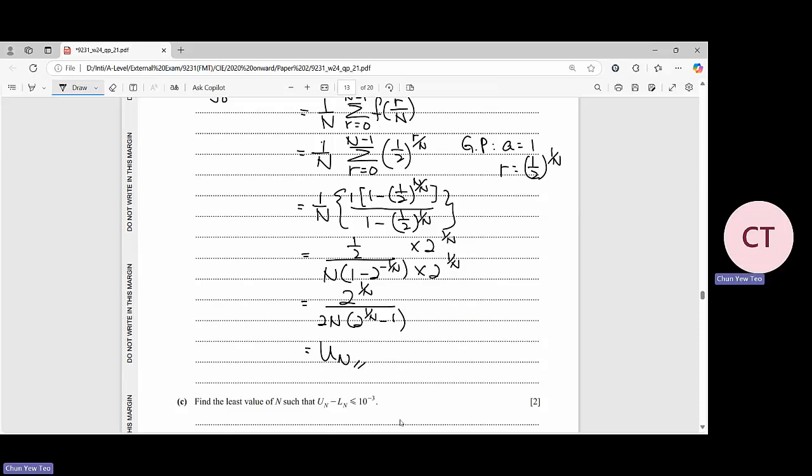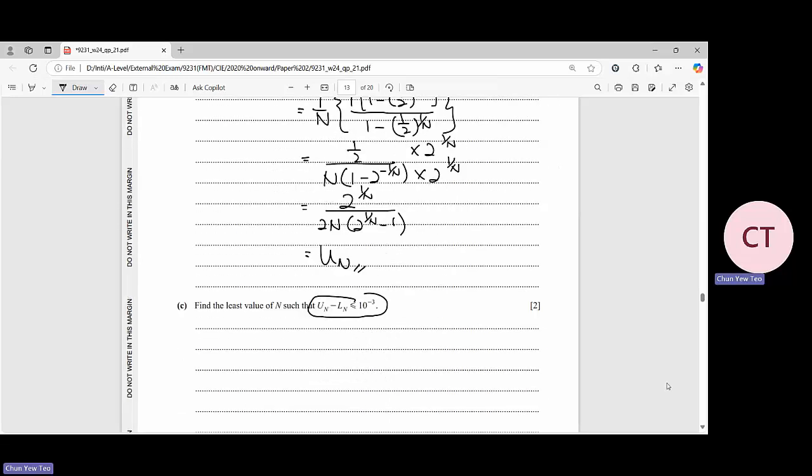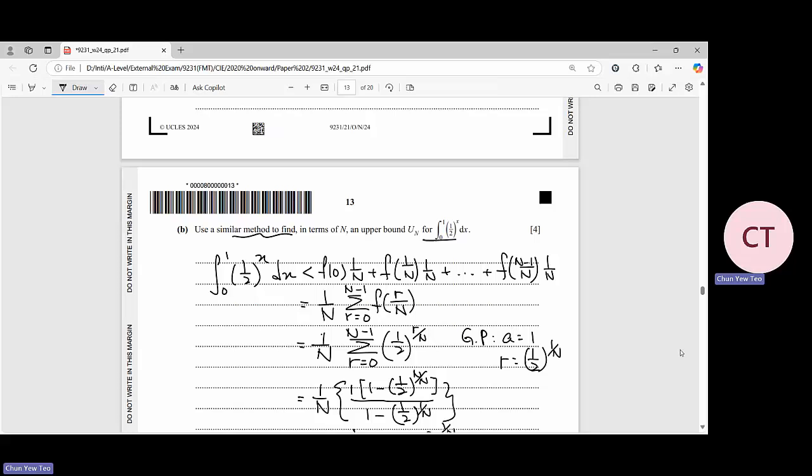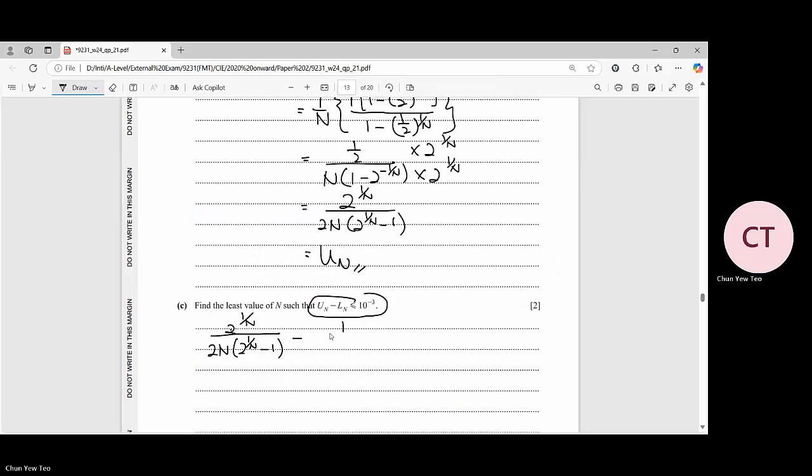Now they're asking you to find the least value of n such that un minus ln is less than or equal to 1 over 10 to the power of 3. So the un minus ln, un is this, and the ln is just now from the previous one. Less than or equal to, I make the 10 to the power of negative 3 as 1 over 1000.